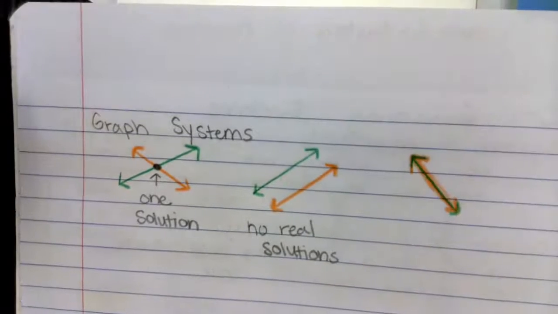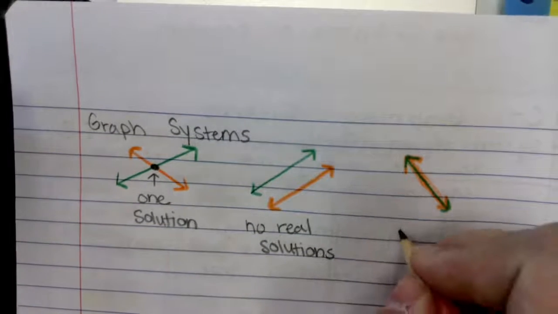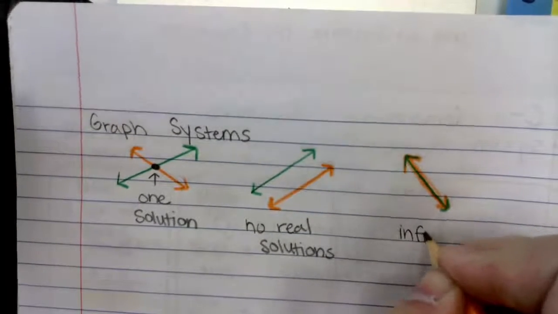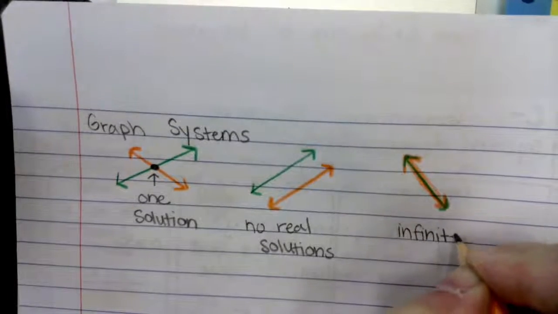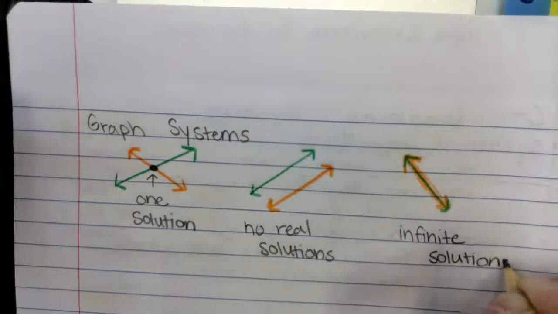So if it turns out to be the exact same line and they have all of those points together, how many of those points is that? Every one. On and on forever. What do we call that when something goes on and on forever? Infinite. So this is infinite solutions, because remember that line is going to go in both directions, on and on.